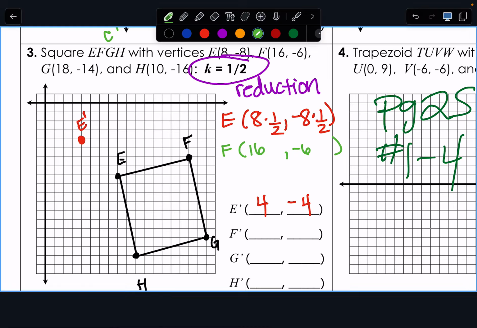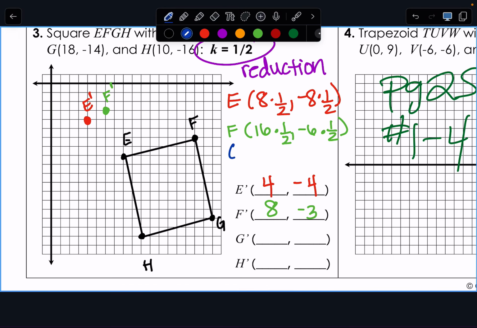F is 16, -6. What happens when I multiply 16 times 1 divided by 2? And then if I take -6 times 1 divided by 2, I get -3. -6 times 1 is -6, divided by 2 is -3.